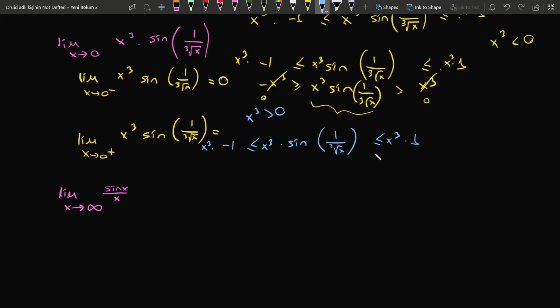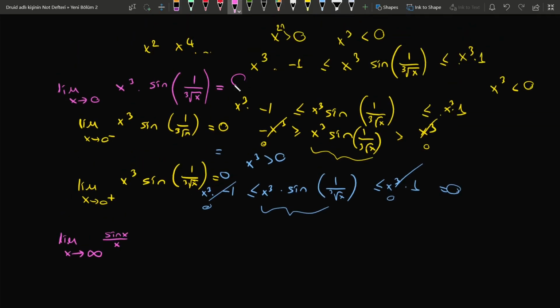Therefore, I don't have to change the direction now because it's greater than 0. This is going to give me 0, this is going to give me 0, therefore the squeezed function, the limit of this is also going to give us 0. From the left and the right we got the same limit, therefore we will say that this limit is equal to 0.